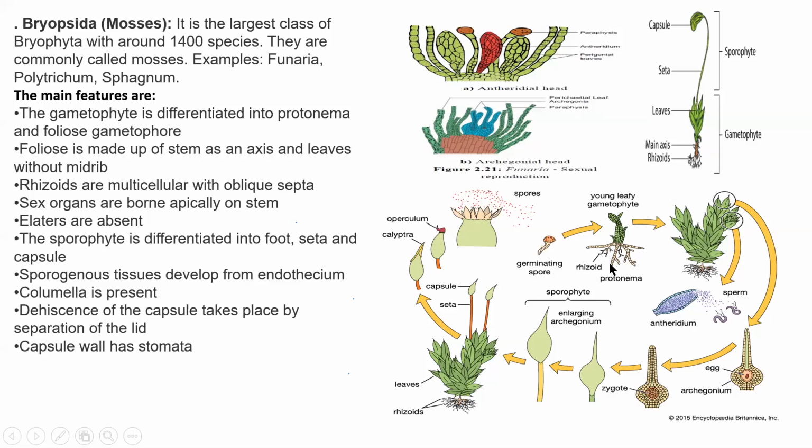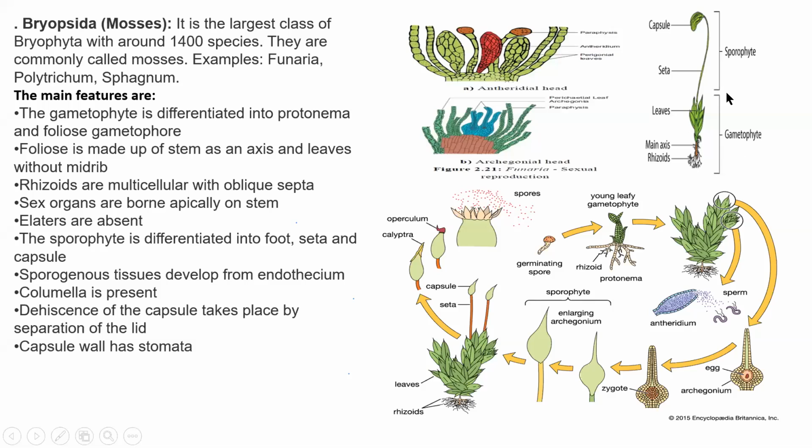And then you will have a foliose region also. So the thallus in Bryopsida has two parts: the horizontal protonema and an aerial foliose part. So it is quite differentiated into root-like, stem-like, and leaf-like structures.